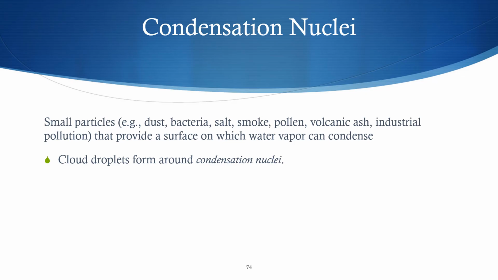The water vapor needs some kind of surface to adhere to start growing those water droplets. So what these surfaces are is we have things in the air that we call cloud condensation nuclei, which is just a fancy word for microscopic, small particles of things we have already talked about when we talk about aerosols: dust, bacteria, salt, smoke, pollen. You get it.